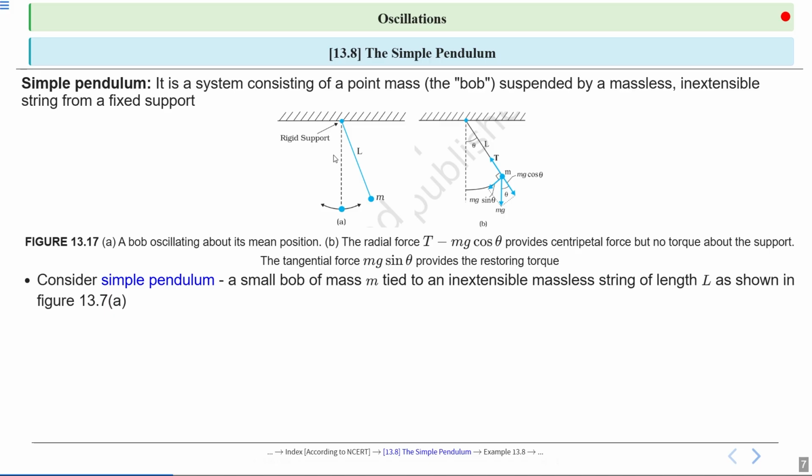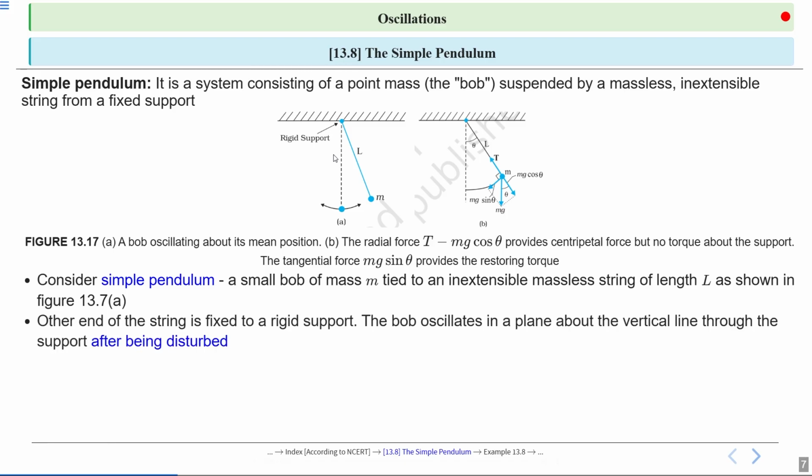The diagram 13.17 shows this setup clearly. Remember, m is measured in kilograms and L in meters. The other end of this string is fixed to a rigid support, so the pendulum can only swing in a single plane.